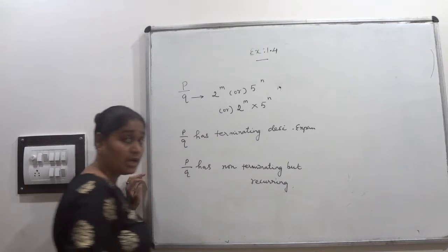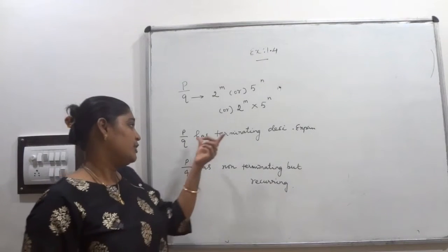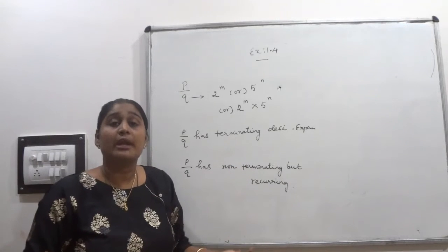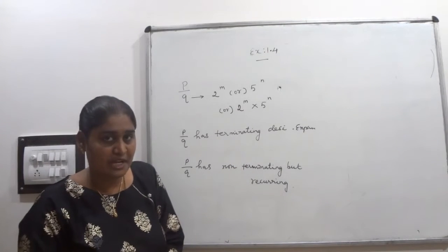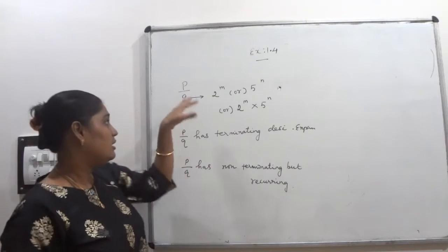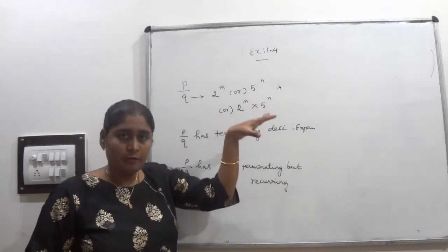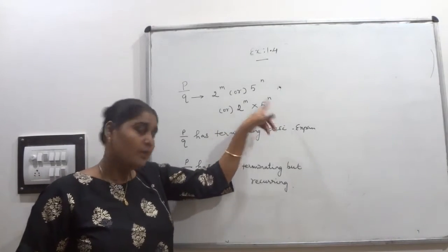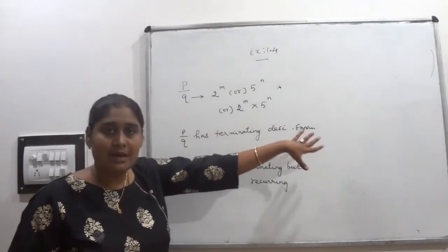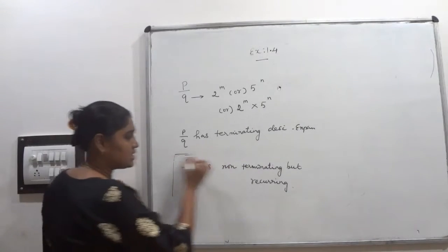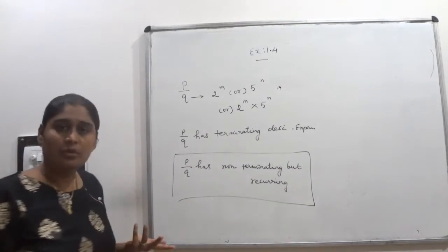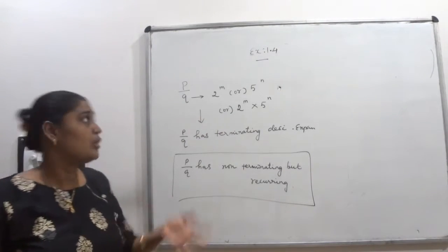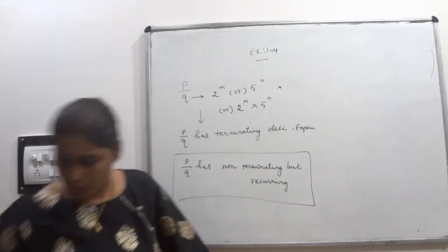Without doing actual calculation, we can tell which form has terminating decimal expansion and which one has non-terminating but recurring decimal expansion. How can we find out? The denominator must be in the form of 2 power m or 5 power n or 2 power m into 5 power n. Then it has terminating decimal expansion. Otherwise, it has non-terminating but recurring. Okay, that's all. By using this, we are going to start exercise 1.4.